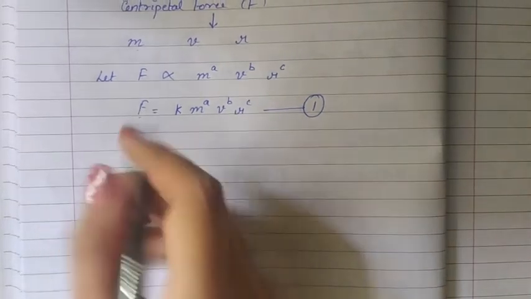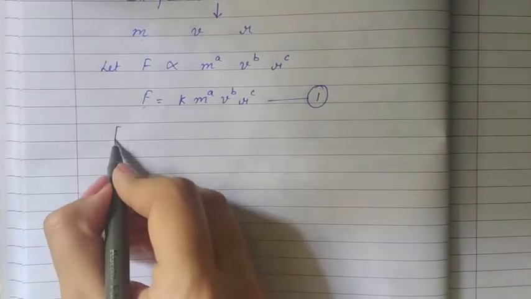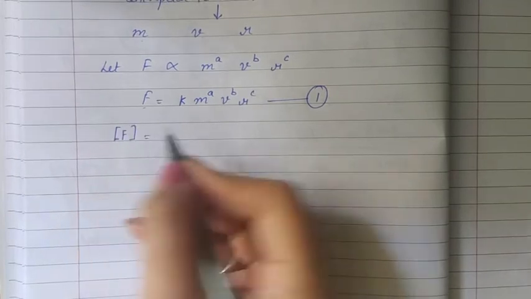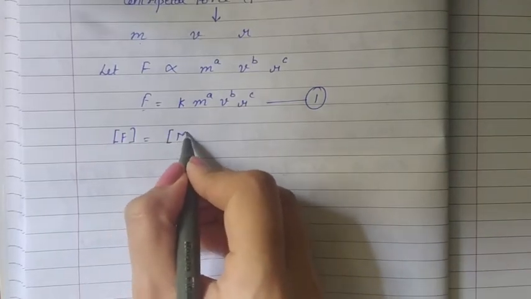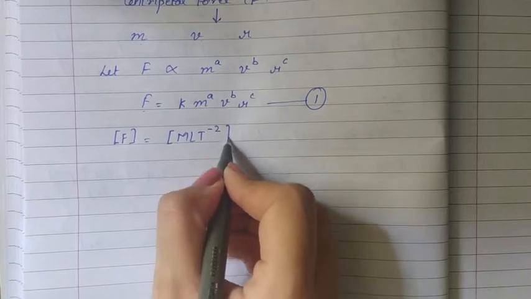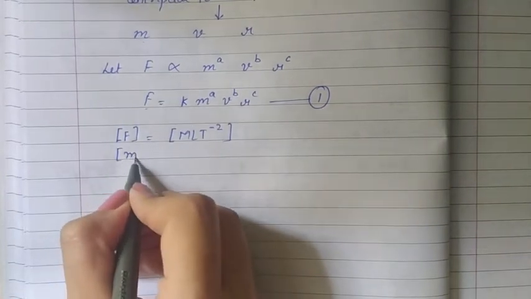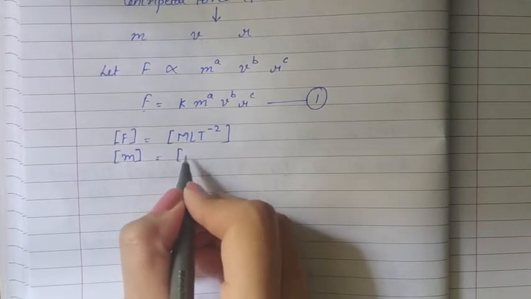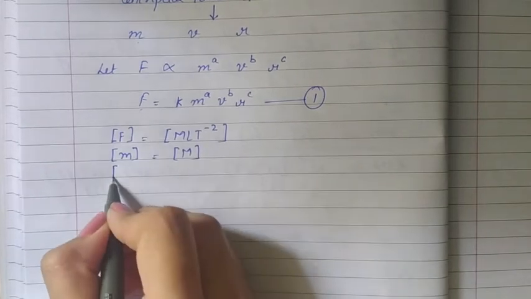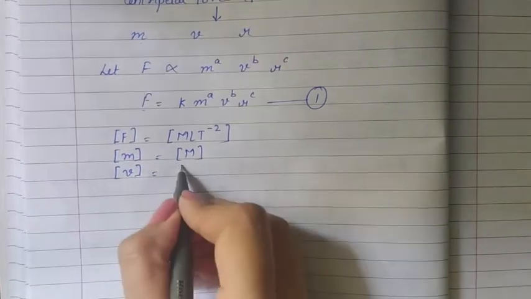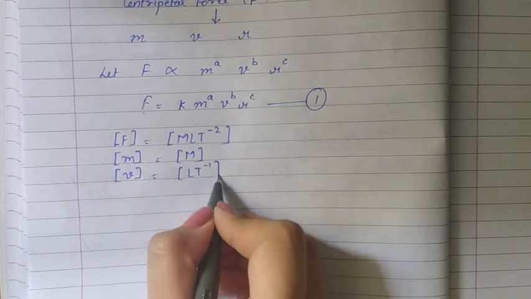Okay, so here we have dimensions of force. These are M L T to the power minus 2. Dimensions of mass: M. Dimensions of velocity: L T to the power minus 1.